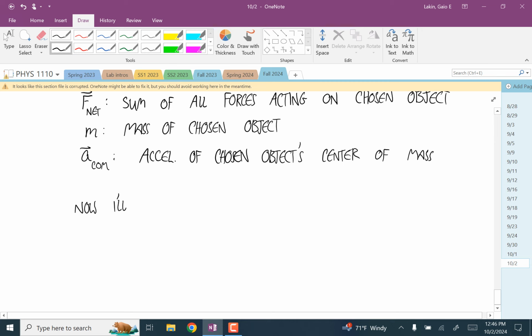So now I'll use Newton's second law to determine the weight force on an object.